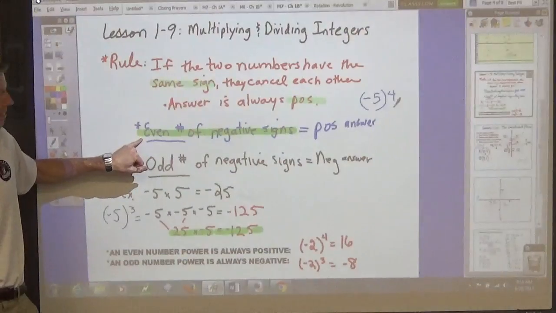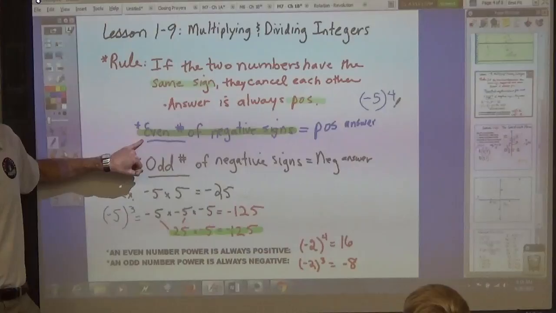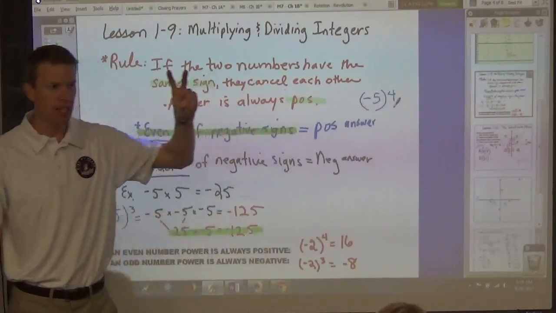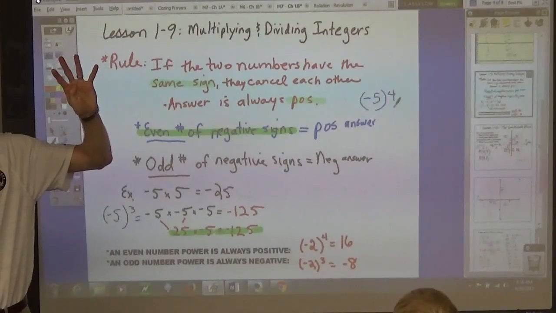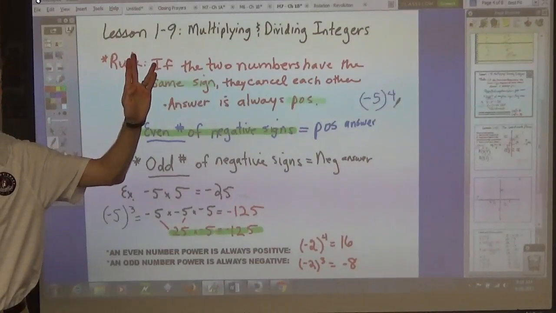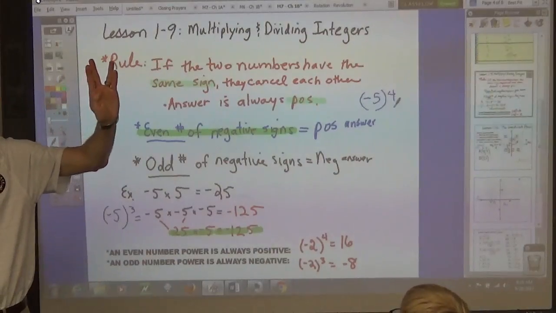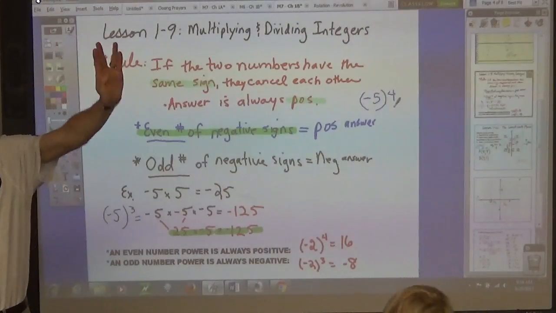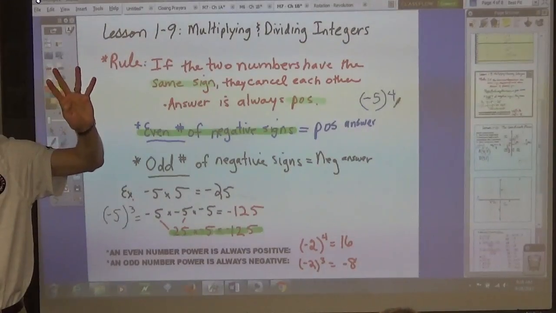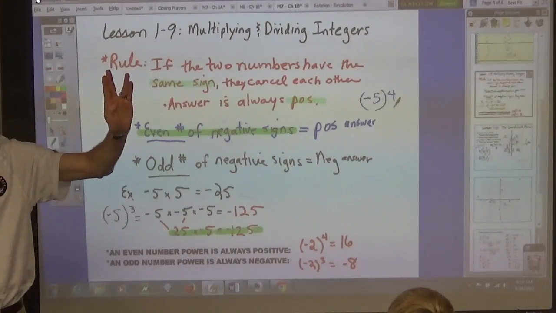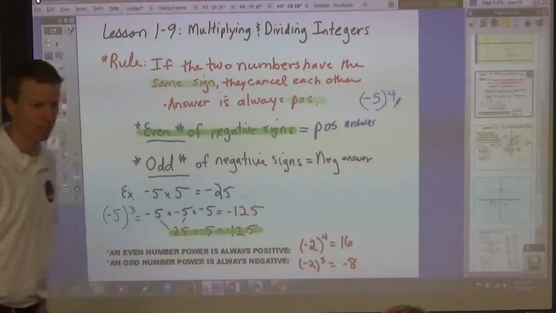It's positive because there'd be an even number of negative numbers multiplied together. Negative 5 times negative 5 times negative 5 times negative 5. And the two pairs, look at that, two pairs, it's the Vulcan. Live long and prosper. It also means that there are two pairs of negative numbers that cancel out. So the answer is positive.